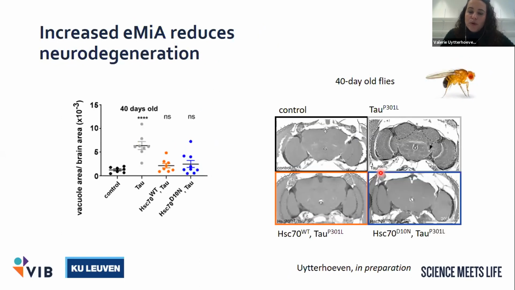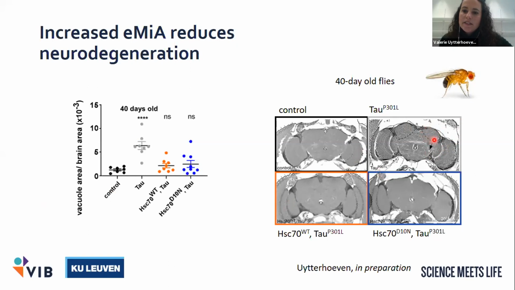And so in adult fly brains that express mutant tau, we can observe neurodegeneration. And neurodegeneration in fly brain is quantified via vacuoles. So neurodegeneration appears like vacuoles in the adult fly brain. And here you can see already a very big vacuole at the arrow.